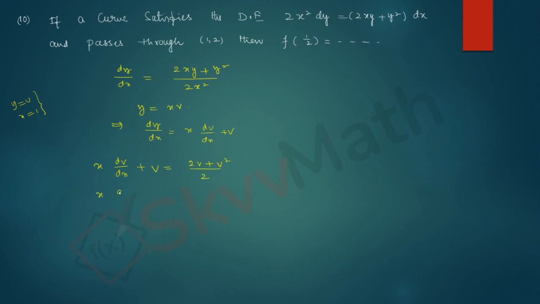Now this implies x dv/dx = (2v + v squared)/2 - v. If you take the LCM 2, the 2v and -2v cancel. What remains is v squared/2.